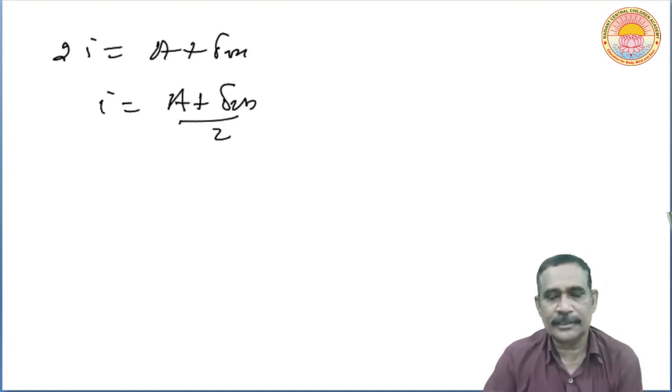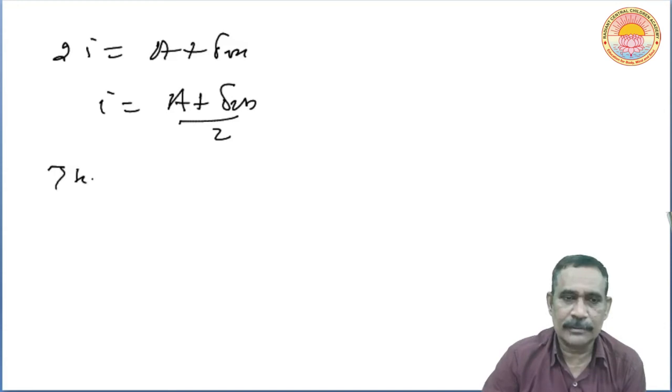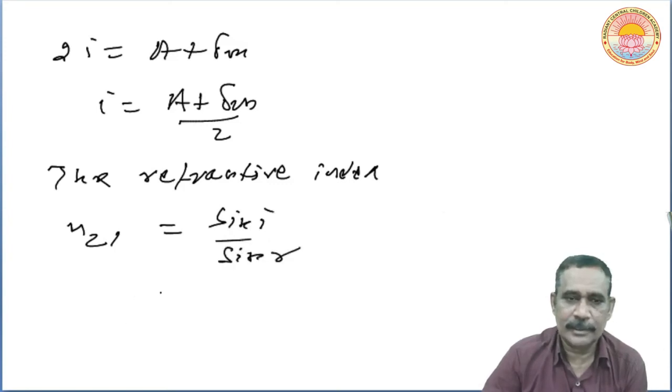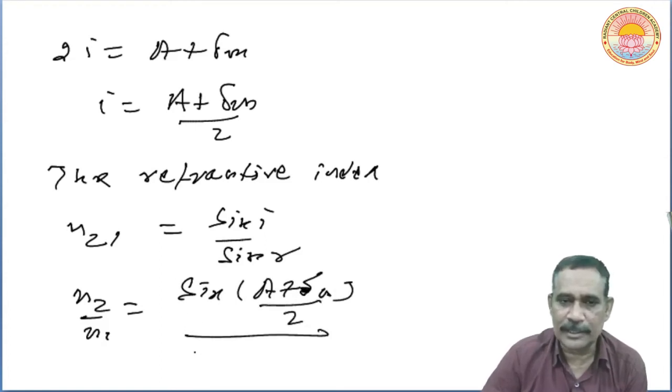Now the refractive index of the prism, that is of the denser medium with respect to air, n21, by Snell's law equals sin I upon sin R. Now put the values of I and R. So n21 equals n2 by n1 equals sin of (A plus delta M) by 2 whole upon sin A by 2.